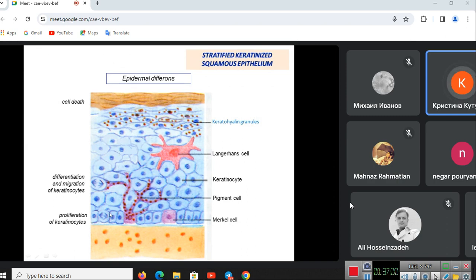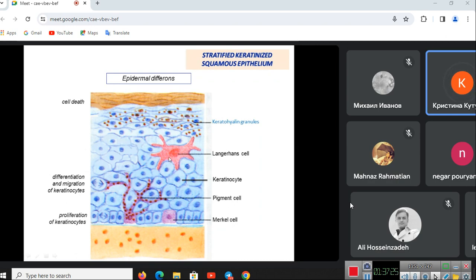All the bluish cells here are keratinocytes from the basal layer up to the superficial layer, stratum corneum.